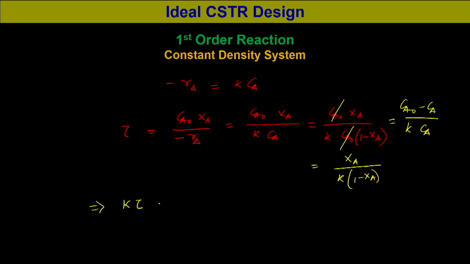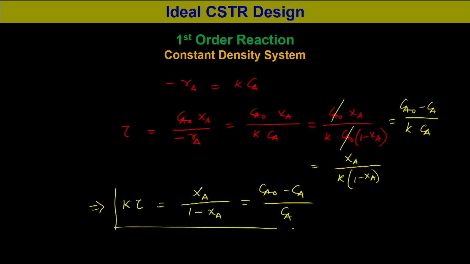K tau would be equal to X A divided by 1 minus X A, or which is equal to Ca naught minus Ca divided by Ca. So, this is for the first order constant density system.